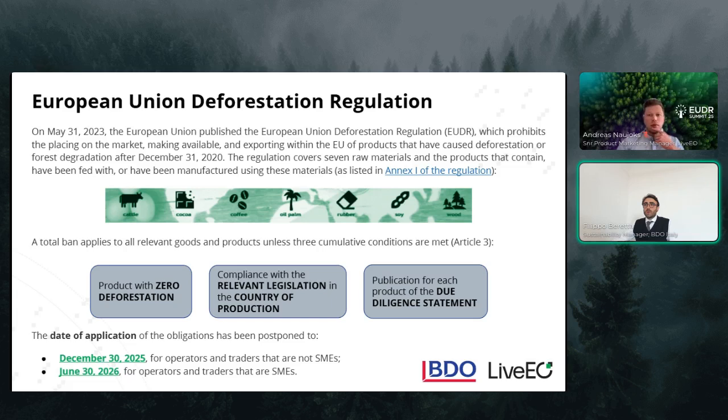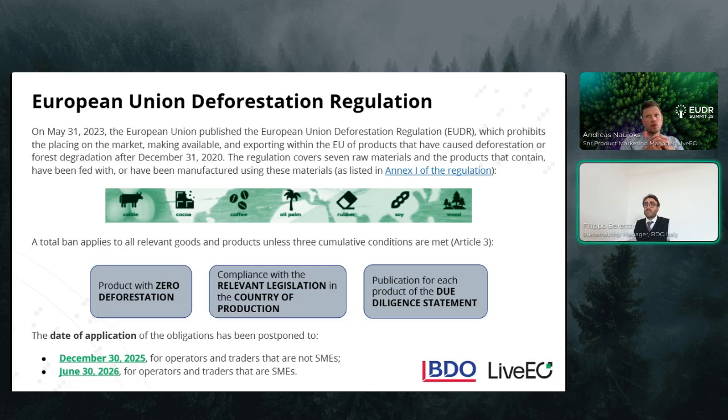The regulation prohibits placing on the market, making available and exporting from the European Union products that have directly or indirectly caused deforestation or forest degradation after the 31st of December 2020. The regulation prohibits the release and export of goods belonging to 7 macro categories: cattle, cocoa, coffee, oil palm, rubber, soya, and wood. The ban is in place unless the following 3 conditions are met.